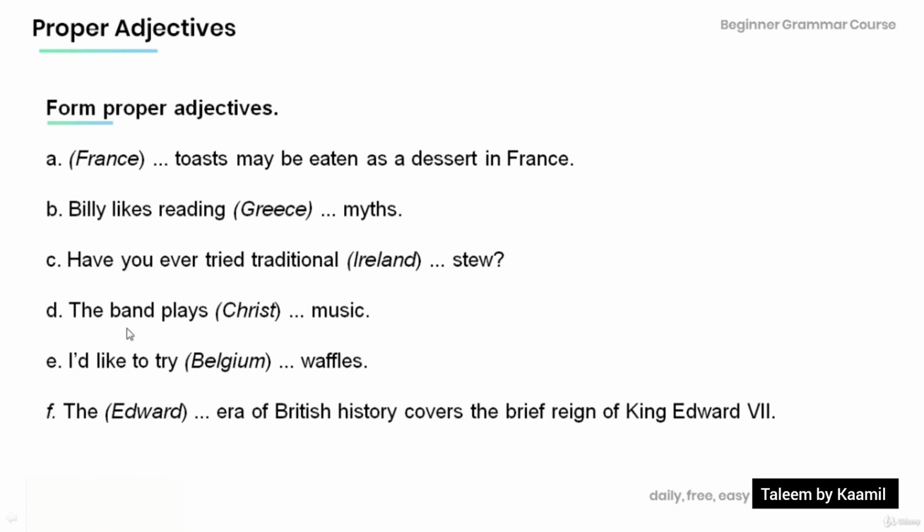D. The band plays Christ music. E. I'd like to try Belgium waffles. F. The Edward era of British history covers the brief reign of King Edward VII.